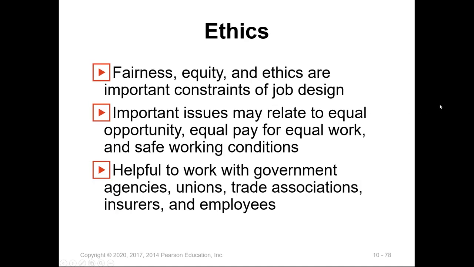Some of the factors that should be considered when designing a job: fairness, equity, and ethics. So we need to make sure that when we design the job, we make it fair, with equity and ethics. Other important issues may relate to equal opportunity, equal pay for equal work, and safe working conditions.